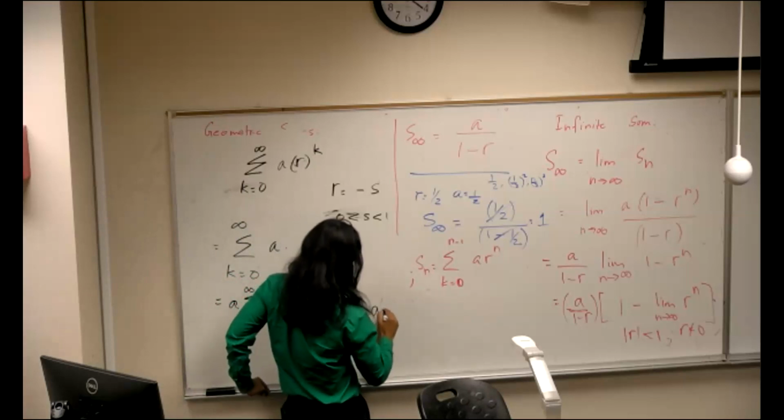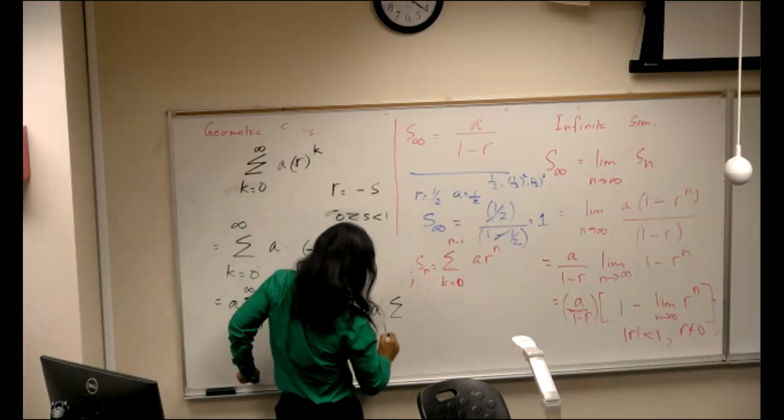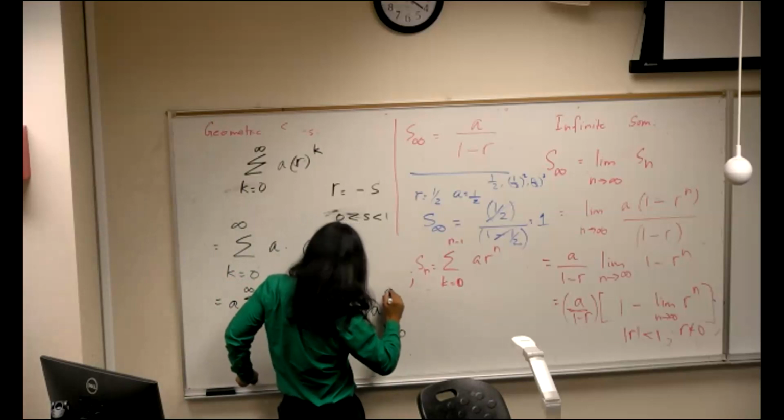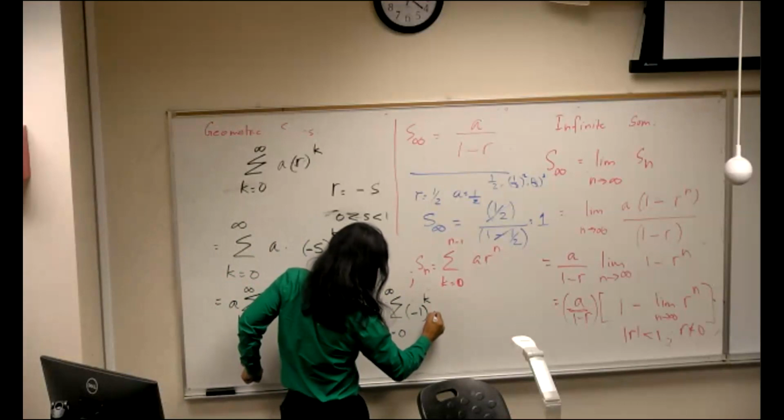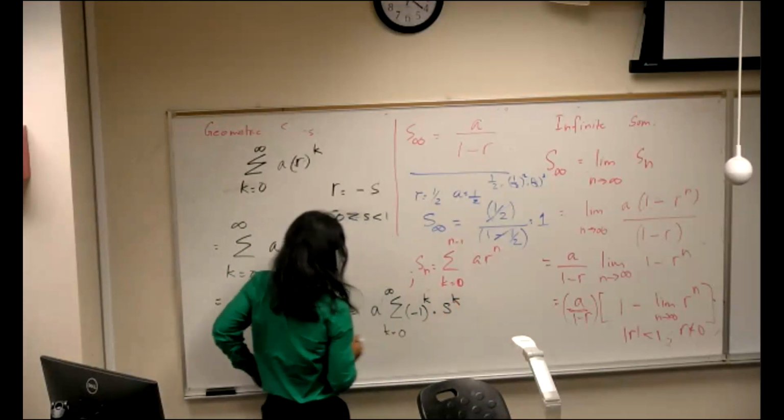And that would equal the sum k equals 0 to infinity of minus 1 raised k times S raised k.